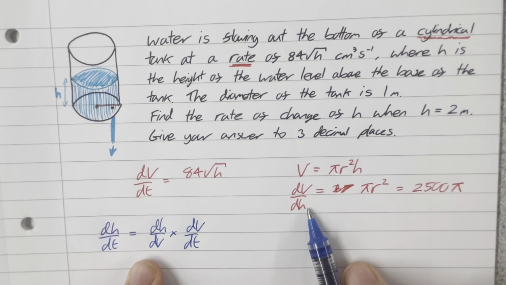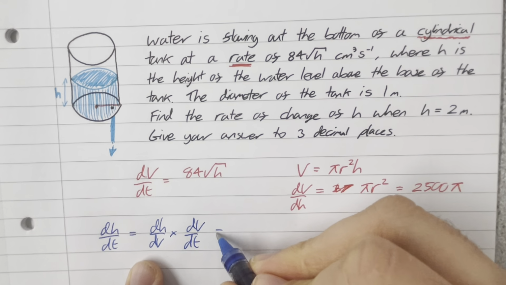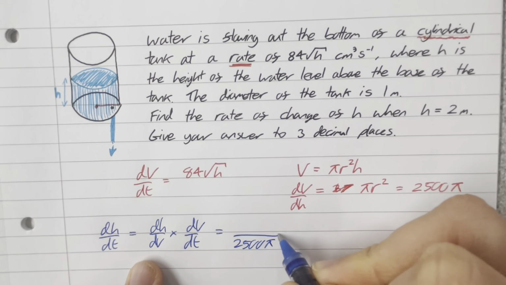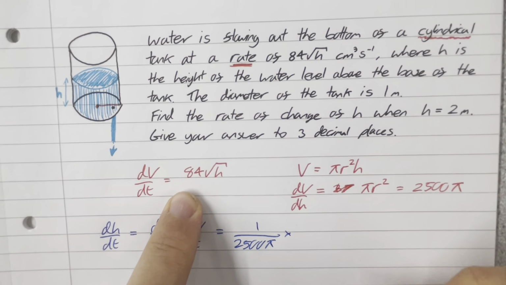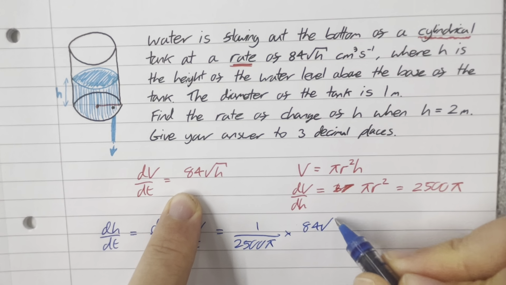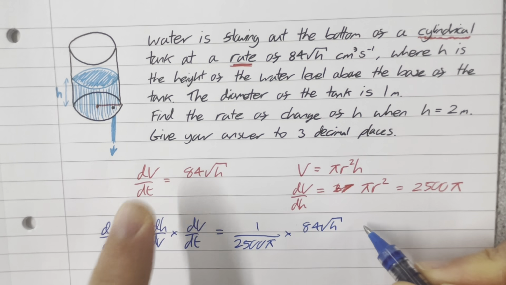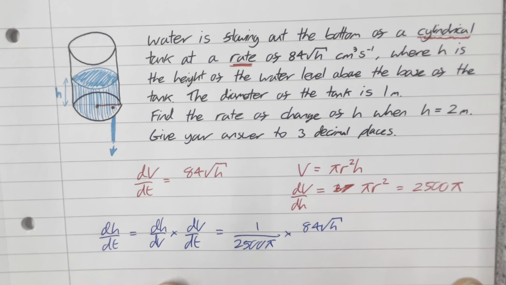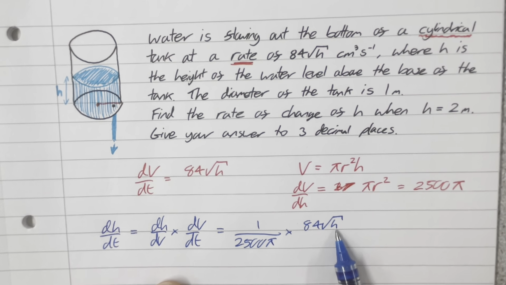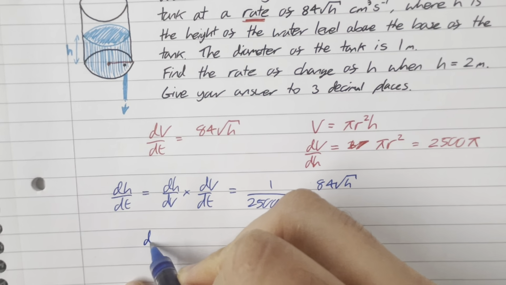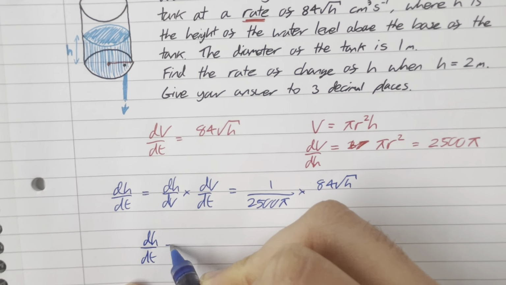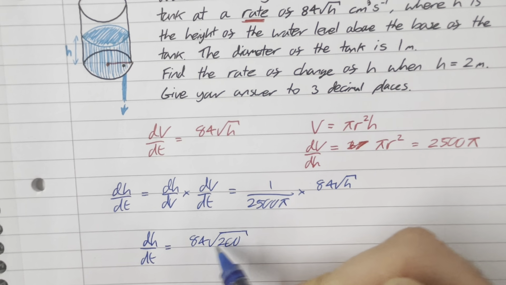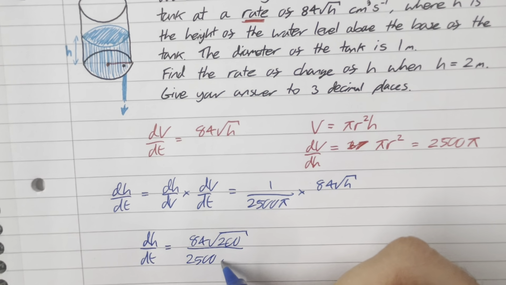Now dh by dV is the reciprocal of that, which is going to be 1 over 2,500 pi, and dV by dt, we were told in the question, is 84 root h. And we're asked to find this when h is 2 metres. So that means h as a value is 200. So dh by dt is going to be 84 root 200, all divided by 2,500 pi.